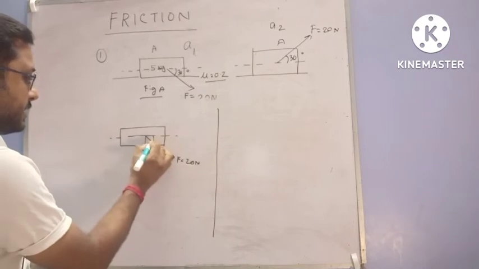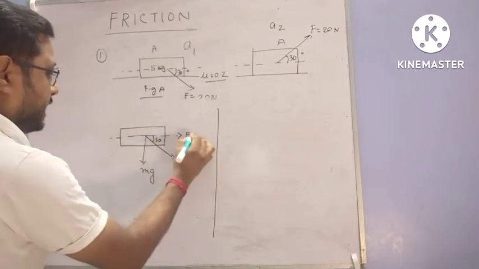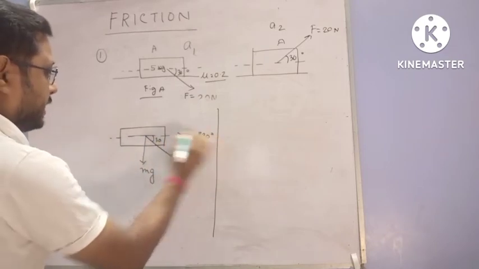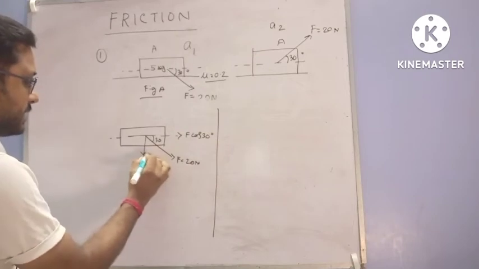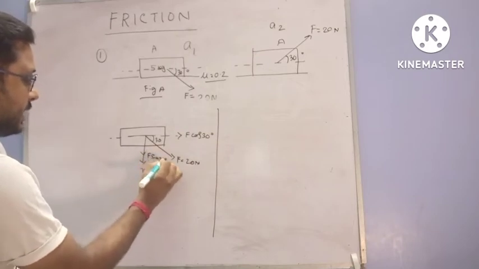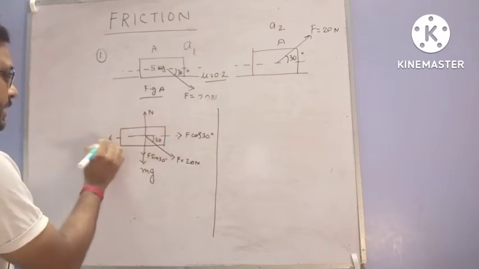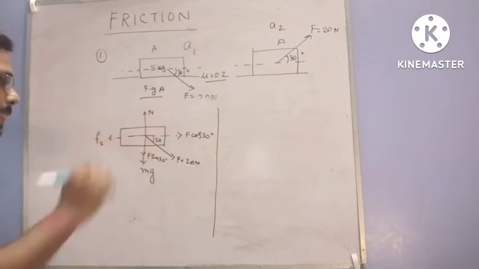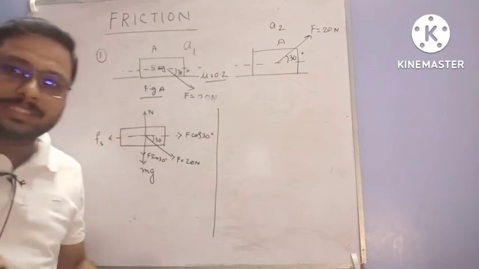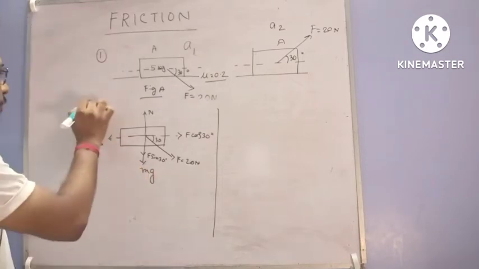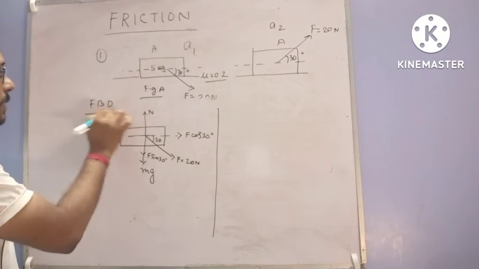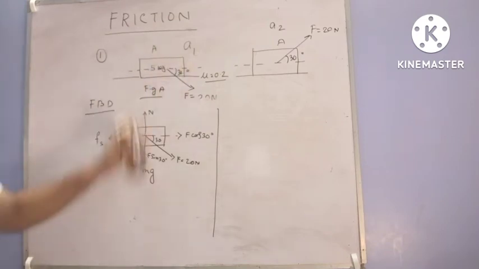F is at 30 degrees, so this force is F cos 30 degrees, and the downward force is F sin 30 degrees. The normal reaction acts upwards, and this is the frictional force. This is the FBD of the block where we push it.